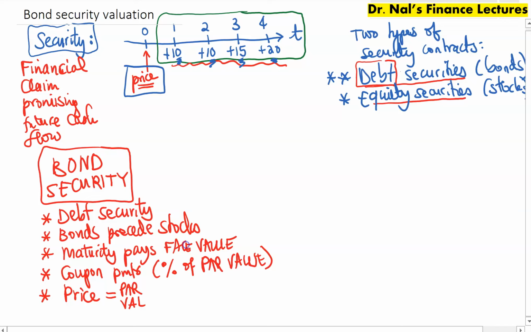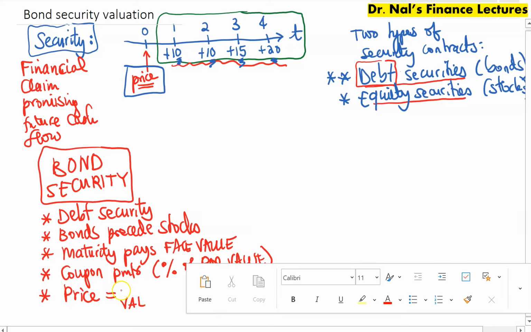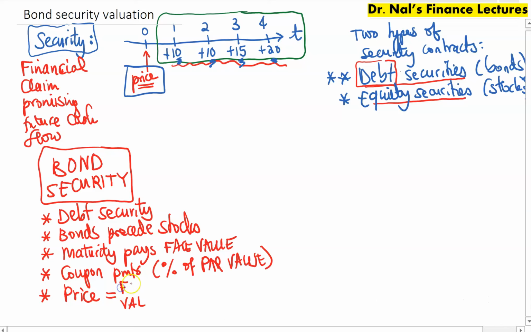At maturity, the bond pays a face value. So you need to pay the price to purchase the bond. If that price is equal to the face value, we call such a bond as selling at par.